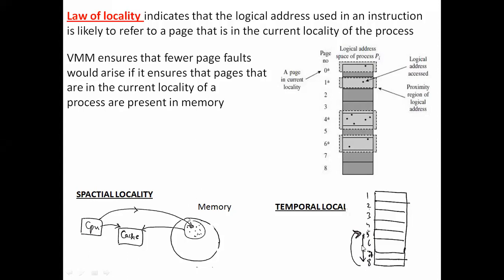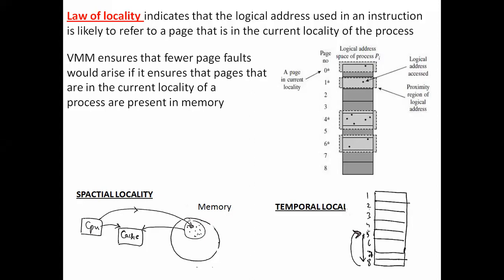So in looping applications, we can use this temporal locality, that is, referencing the instructions or the pages in a loop. As you can see here, 5, 6, 7, and 8, and again 5, 6, 7, and 8, and again pages 5, 6, 7, and 8 are accessed again and again. Hence, this can be observed as a looping operation.